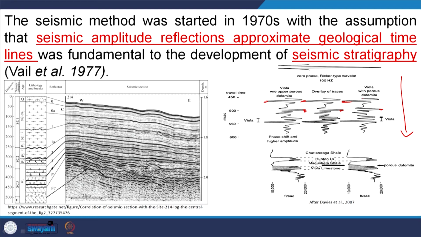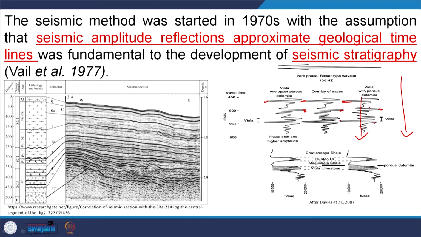So, if you are getting the wave propagation to depth, there are certain points where amplitude is very high or very low. These low and high amplitudes are a function of the change in formation properties.